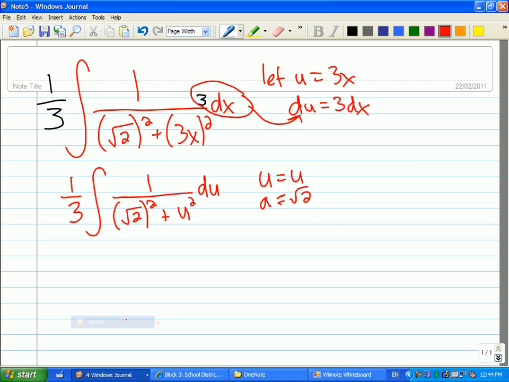So it's going to be 1 over my constant, and I've got a 1/3 in the front as well still, so I better keep track of that, times the arctangent, and it's going to be u over root 2.